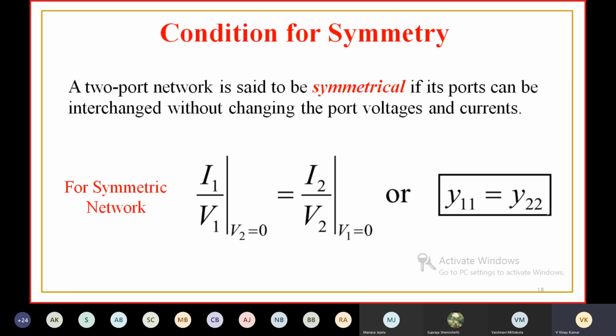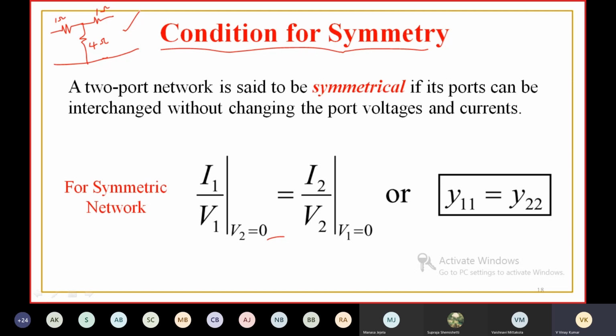Condition for symmetry. Let us take one network. This is 4 ohms, 1 ohm, this is 1 ohm, this is 4 ohms, right?